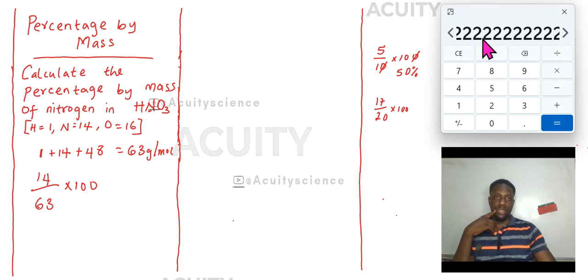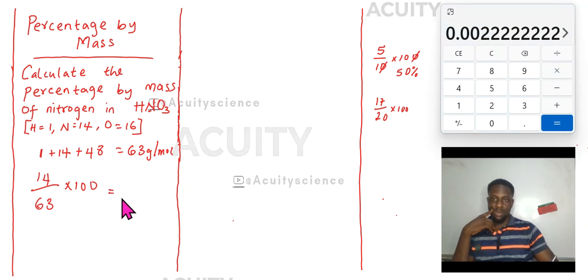So I want to see the beginning of this decimal. Yeah, so 0.002222. So my answer is 0 point... That doesn't make sense. I divided by 100.